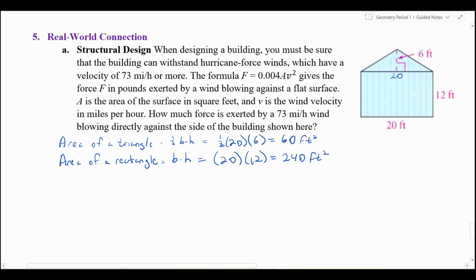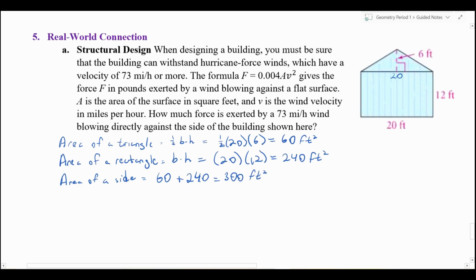Then we say the area of the side, which is what this figure is showing, is going to be our 60 plus our 240, which gives us 300 square feet.